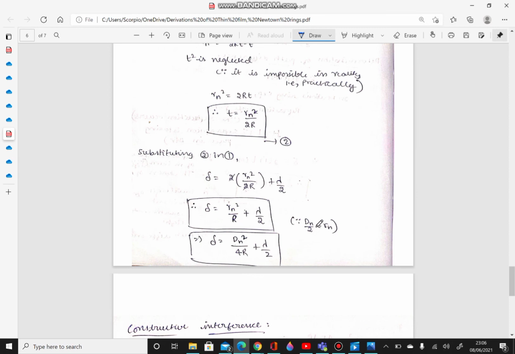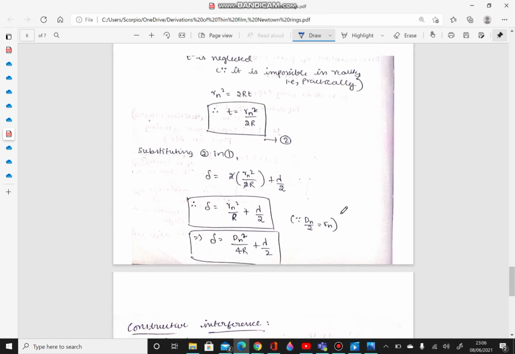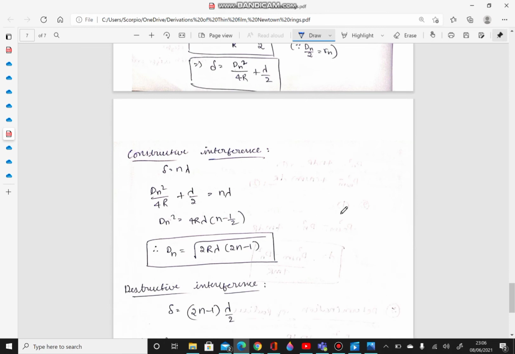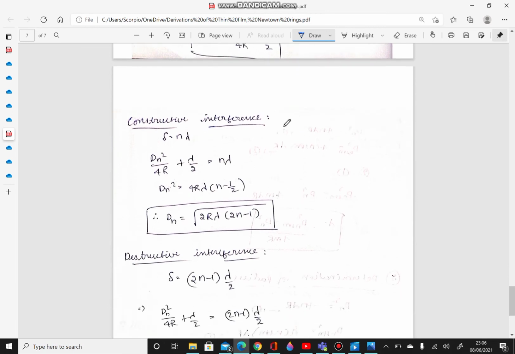Or, since radius equals diameter by 2, where dn refers to the diameter of the Newton's rings, delta can also be written as dn square by 4R plus lambda by 2.